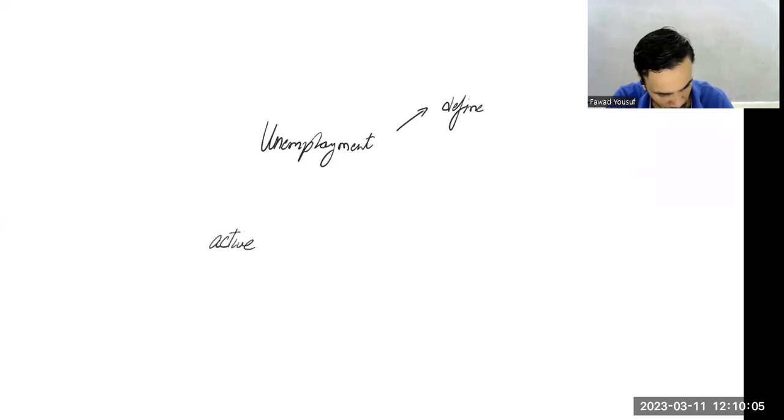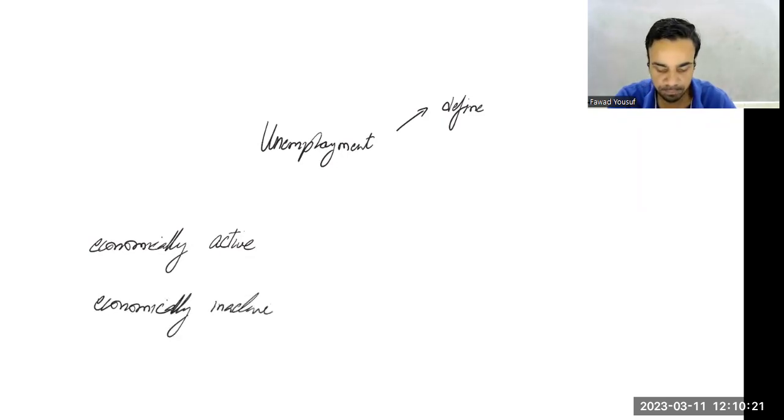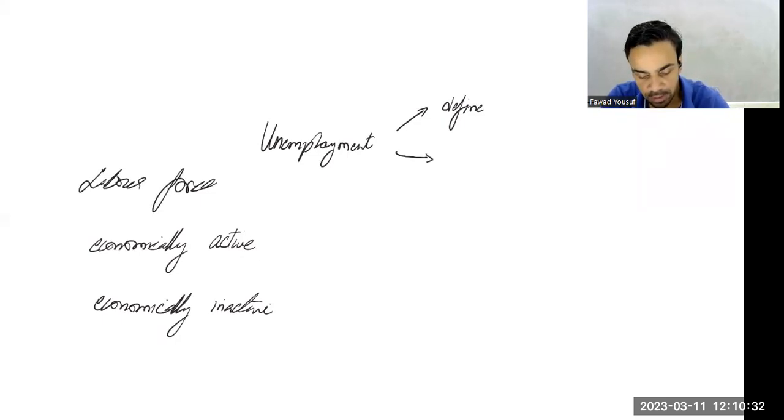अब इसके अंदर कुछ certain terminologies है जो इन्होंने इस बार थोड़ी सी mention की in certain books. We call economically active and economically inactive, right? Then there are terms like labor force, right? And then obviously there is unemployment, there's a formula how to measure it, right?